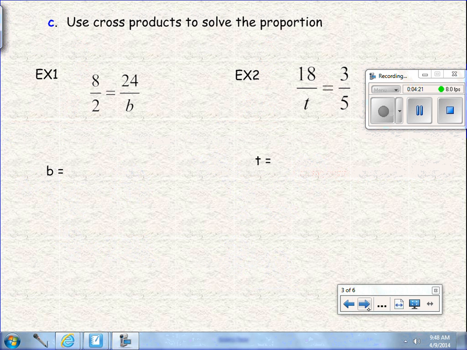In our final method, we're going to use cross products to solve a proportion. So 8 over 2 is equal to 24 over B. Cross products.